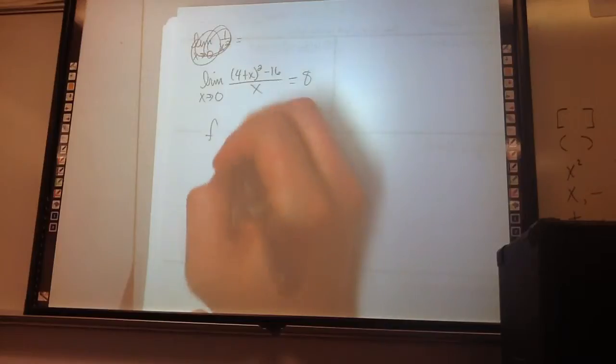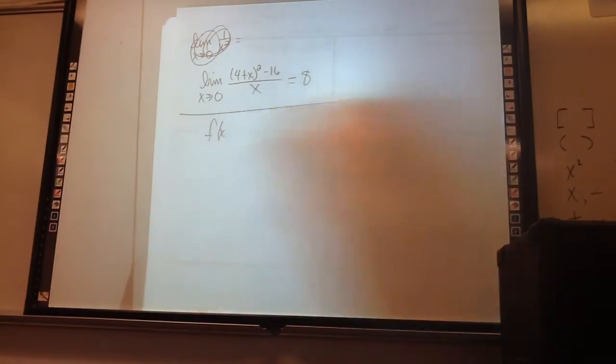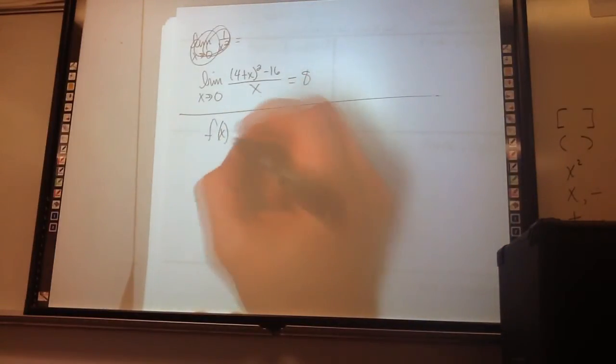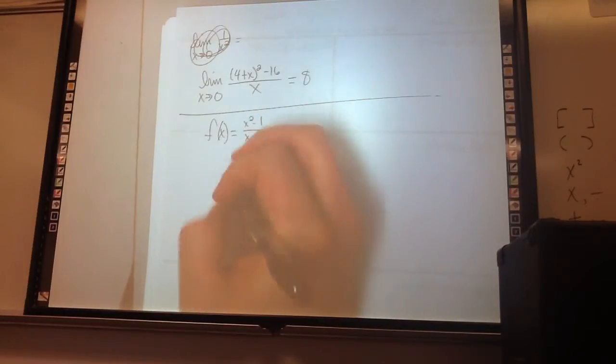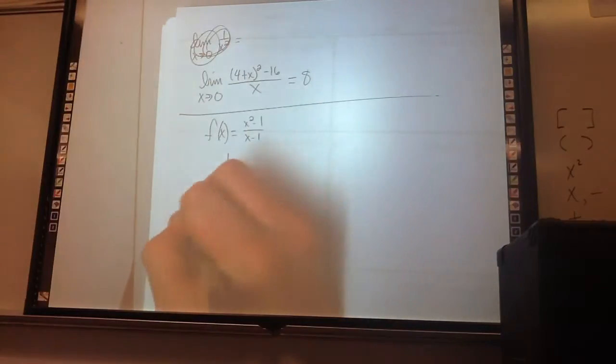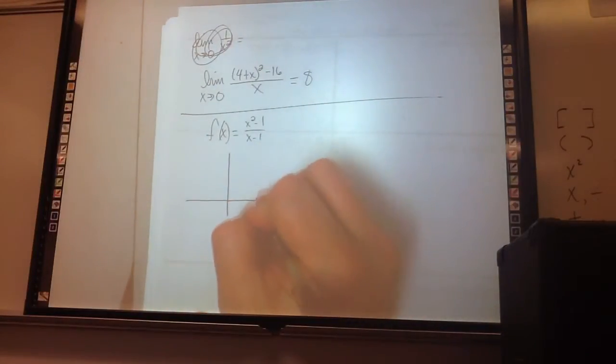If you look at the graph of f of x equals x squared minus 1 divided by x minus 1, the graph of that looks like this.